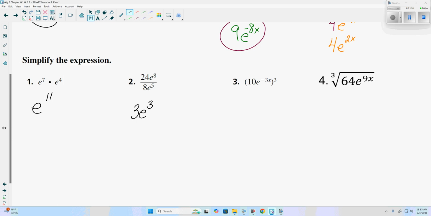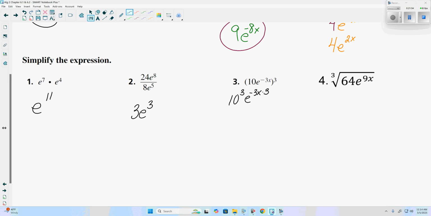The next one, 10 e to the negative 3x, all to the 3rd. So we can apply the power of 3 to both, saying that we have 10 to the 3rd times e to the negative 3x times 3. Powers of powers multiply. Really, we have 10 to the 1st.